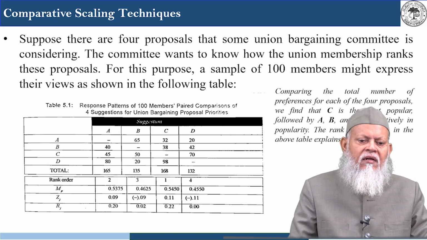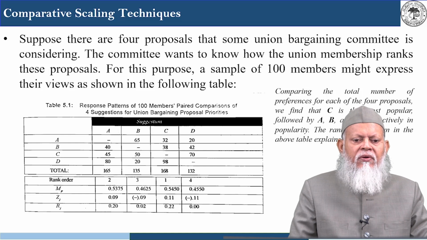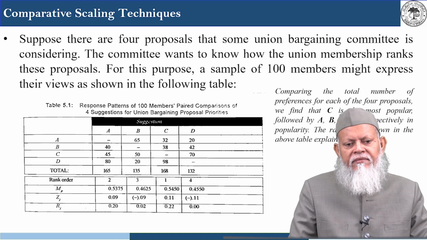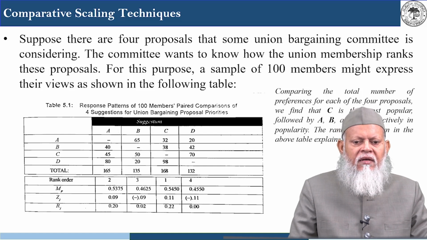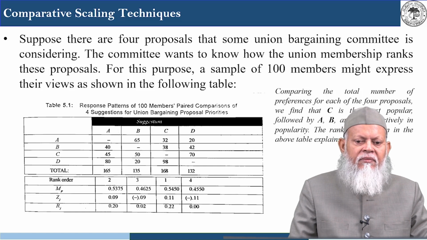Of course, when we observe this, A cannot be compared with A, B cannot be compared with B, C cannot be compared with C, D cannot be compared with D, and this is why you have dashes here. A preferred to B is 65 responses, A preferred to C is 32, and A preferred to D is 20.